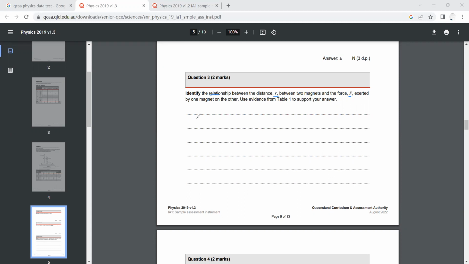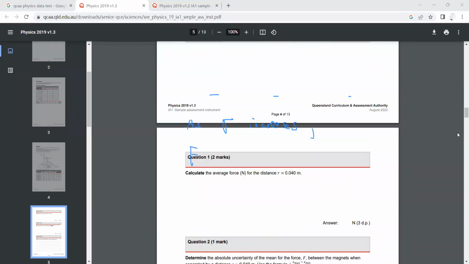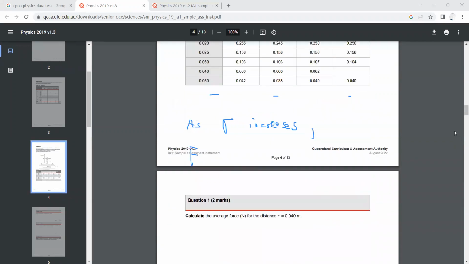So as R increases, F decreases, but how much does F decrease? Let's have a look.